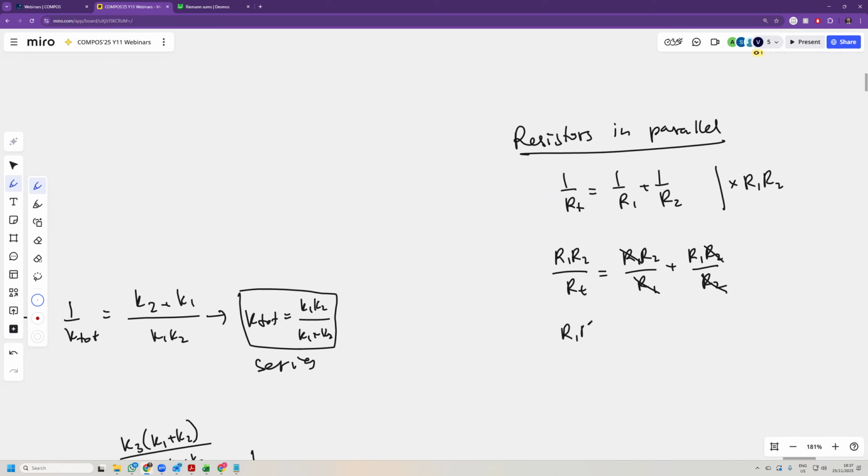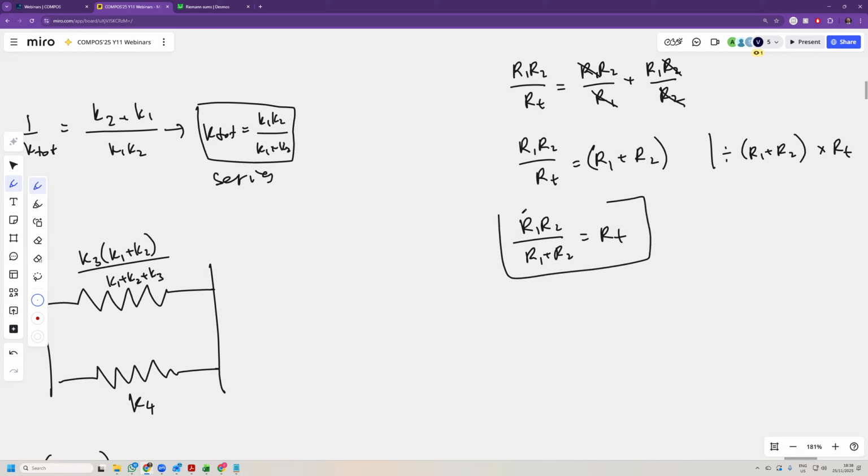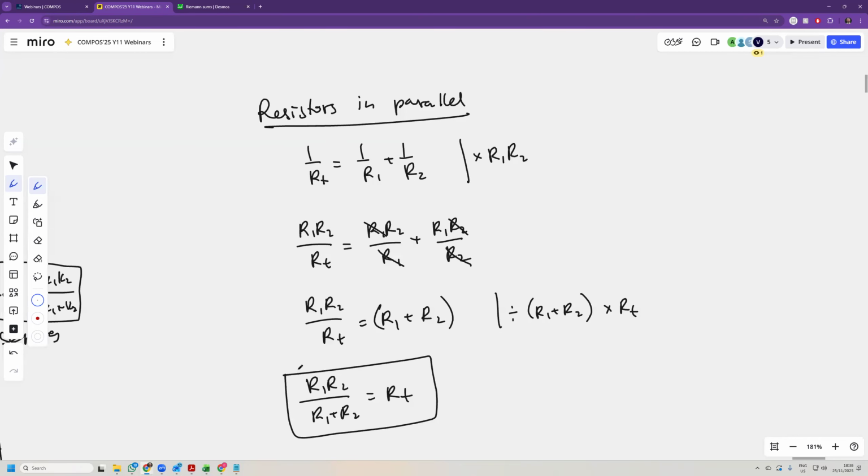So we get R1 R2 over RT is equal to R1 plus R2. And then we divide by R1 plus R2 and multiply by RT. So you get R1 R2 divided by R1 plus R2 equals RT. So that's the formula.